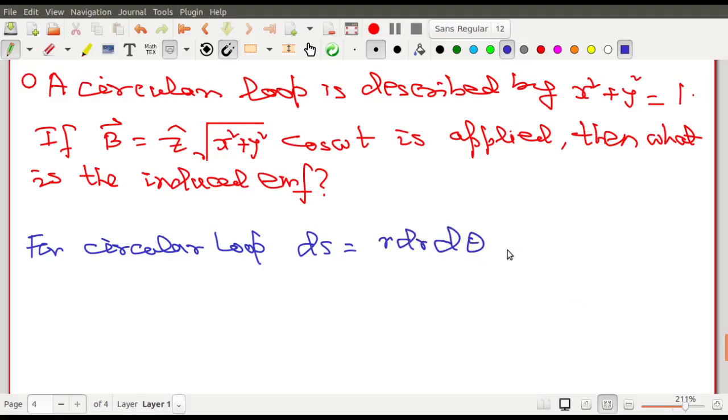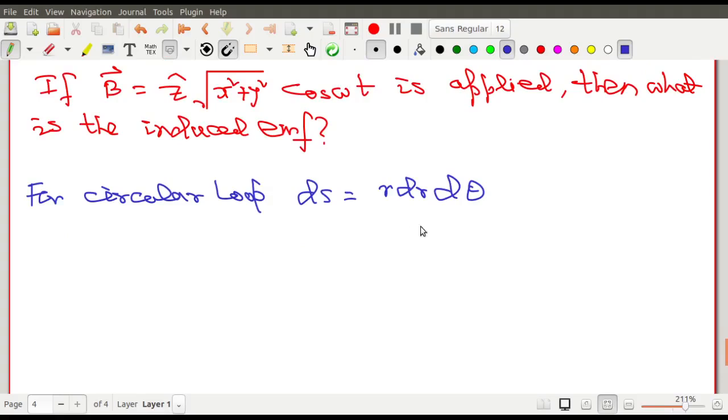Now the question is, how do you get it? How do you get r dr d theta? So let me show it to you.